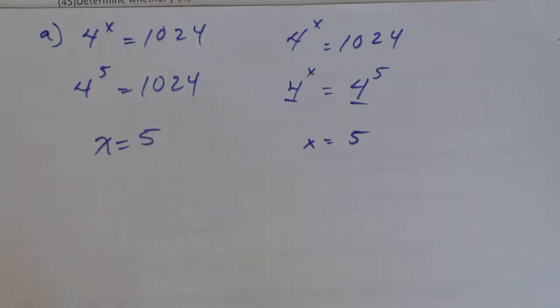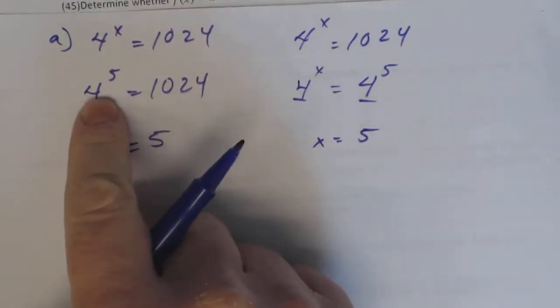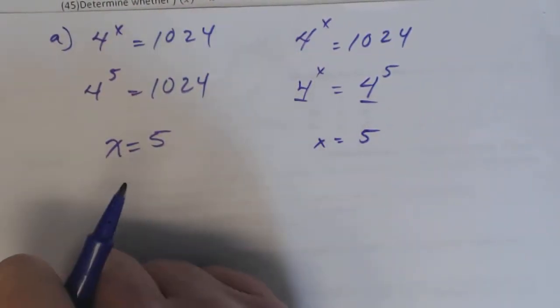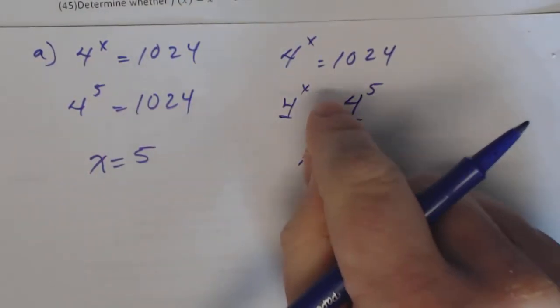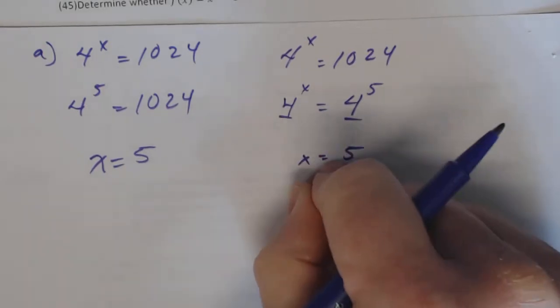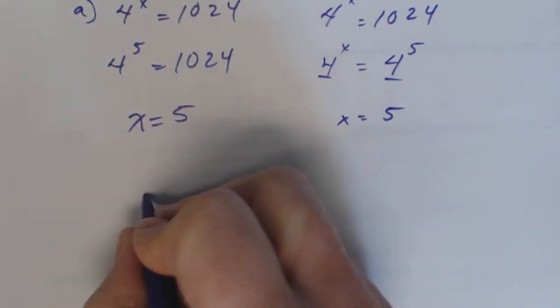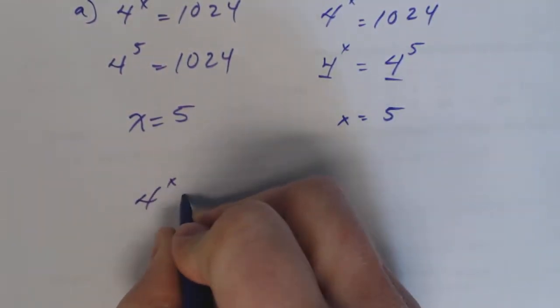All right. So this is kind of just, if I knew what 4 to the fifth was, I could just say x equals 5. Here, if I can rewrite this to the same base, then the powers must be the same. Or you could take a logarithm.